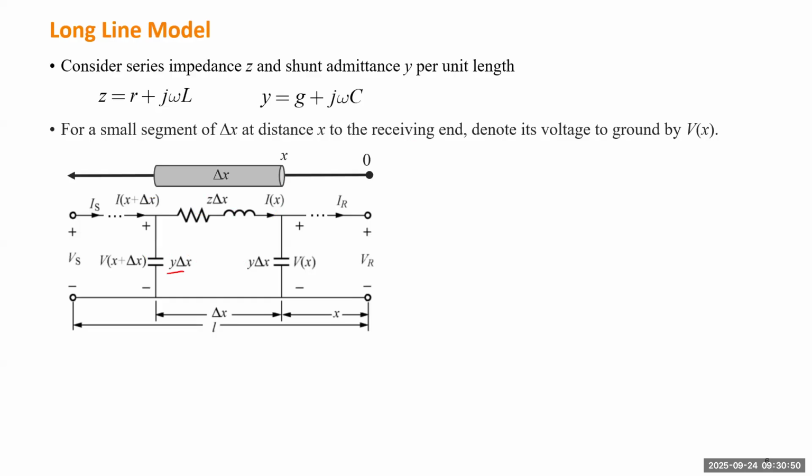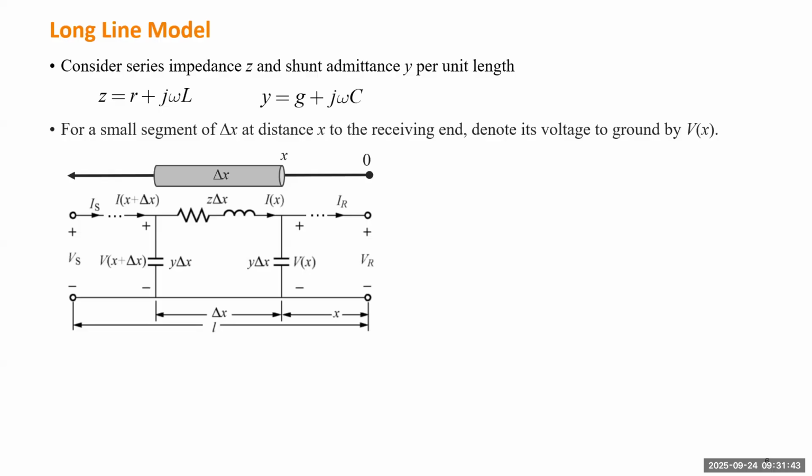If we make this one half Y and this one half Y, this is only for delta S. If you have a next delta S segment directly connected to this segment, you will have another half Y. They just connect together, so this one combined with that one gives you 1 Y. Either way, you treat each segment as a pi model with half Y on each side, directly connected with another half Y on the neighboring segment, or you simply take it as a gamma model with a Y on one side.